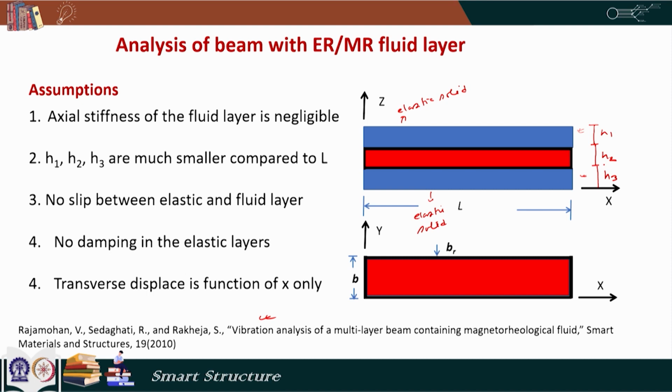If we look at the entire system in the xy plane in a cross sectional view, we can see that the width of the wall of the rubber is BR and the entire width is P. So, when this beam vibrates, the rheological fluid, because of its damping, dissipates the vibration.